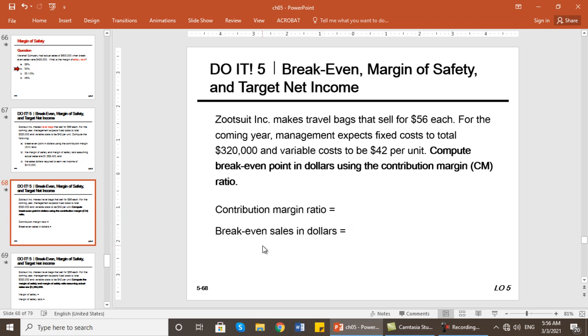Then break-even sales in dollars equal the fixed cost of 320,000 divided by the ratio of 25%, which equals $1,280,000.